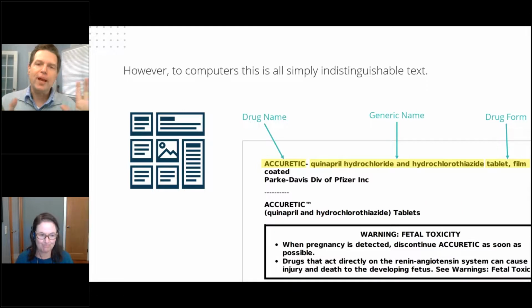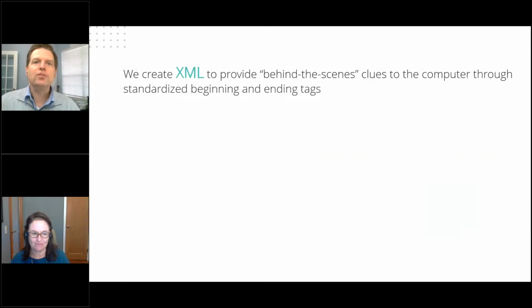So what we have to do is help the computer out here, and we use a concept called XML, right? We're using a concept called XML to help the computer know what it is that it's reading. So we start putting these little tags that are hidden, behind the scenes, a beginning tag and an ending tag that tell the computer, hey, this is the name of something.